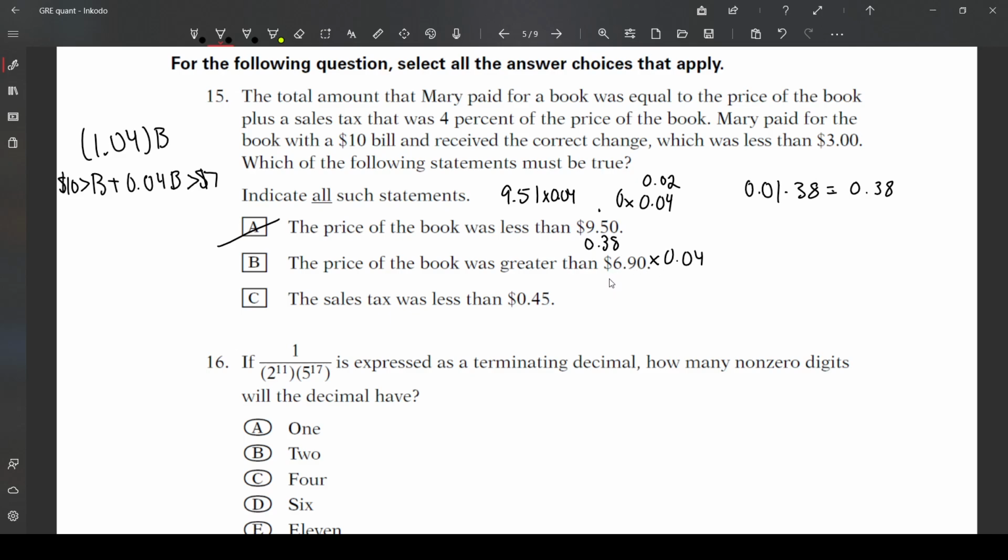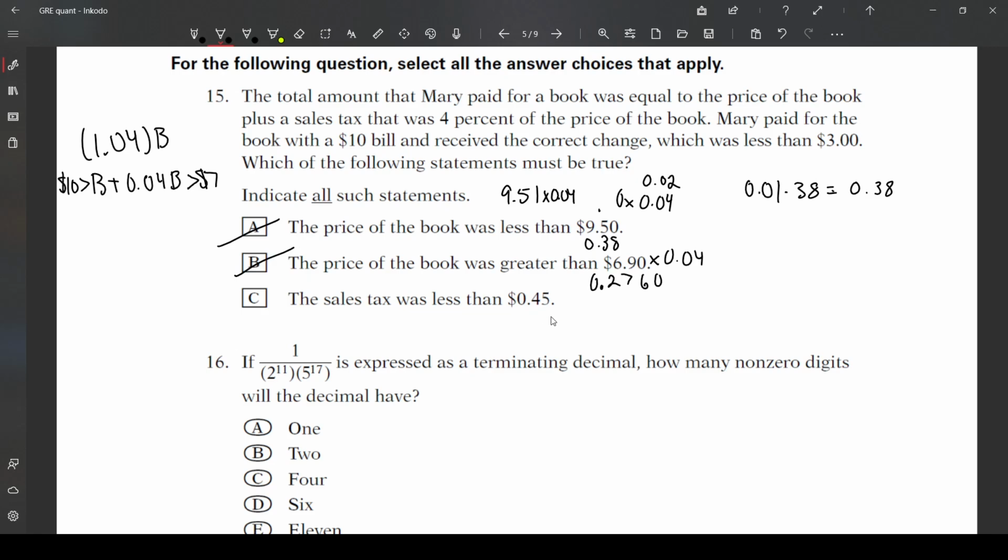So you have 27.6. Yeah, so 6.9 is valid, so it's not that.